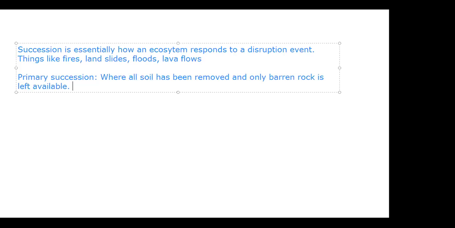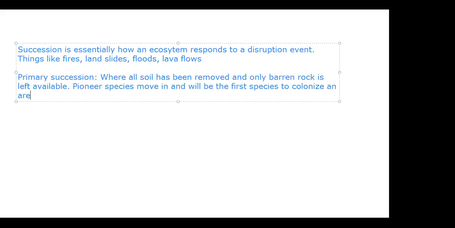You need to get soil. And so the one way that we get soil is we have this species that'll move in. We have things called pioneer species. So pioneer species move in and will be the first species to colonize an area after a disruption.